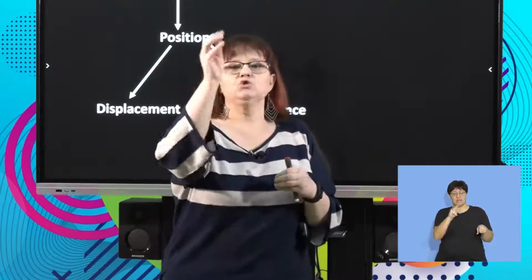Have I gone 30 kilometers north from where I started? So displacement is how the position changes. Distance, I don't care how you did it. Distance is I went 20 meters. I went 30 kilometers. Okay, distance doesn't care about which way we went.